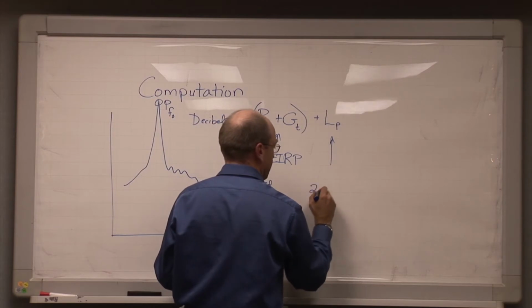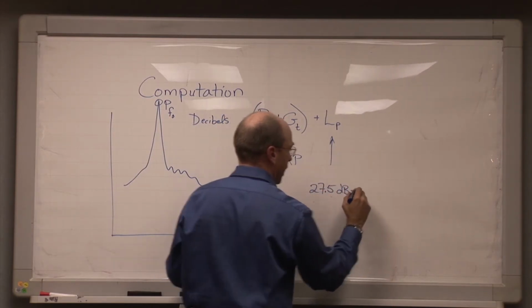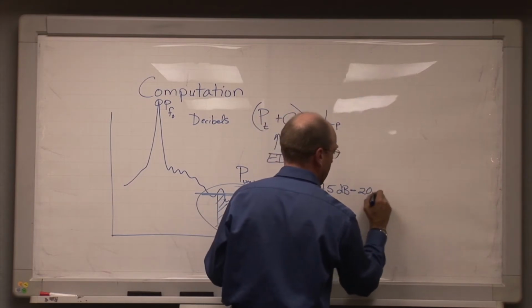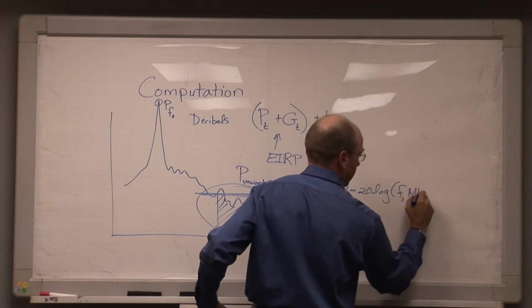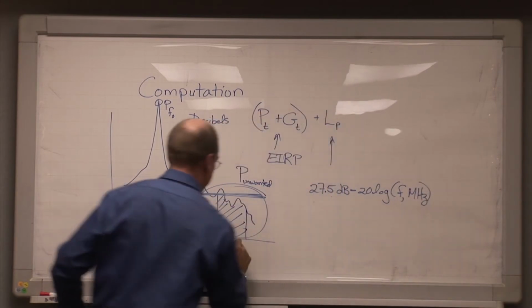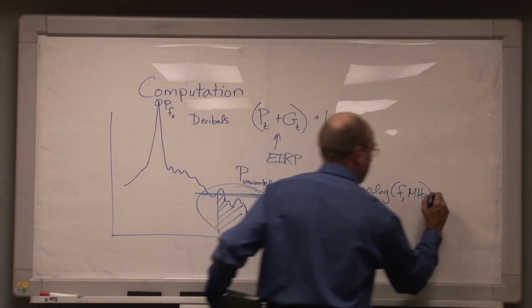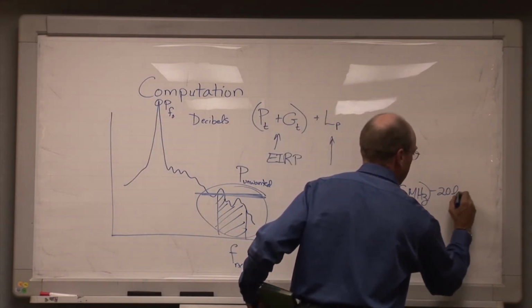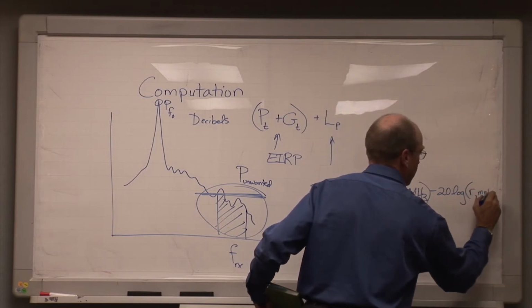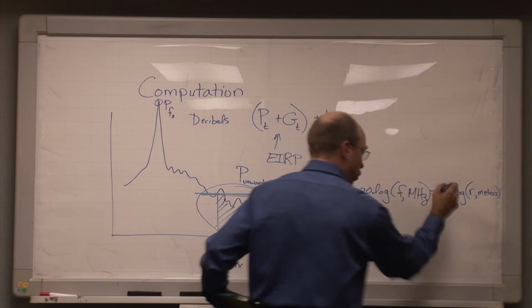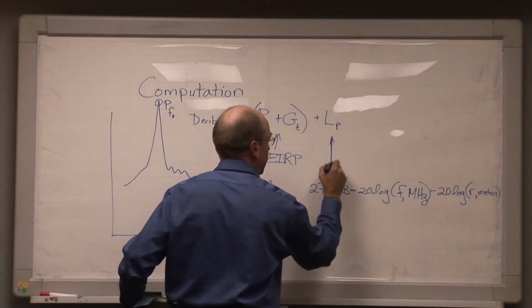And this is going to be 27.5 dB minus 20 log of the frequency in megahertz, at which this thing is operating down here, frequency of the receiver, minus 20 log of the distance or the radius r in meters between that transmitter and that receiver. So that's how we get L sub P.